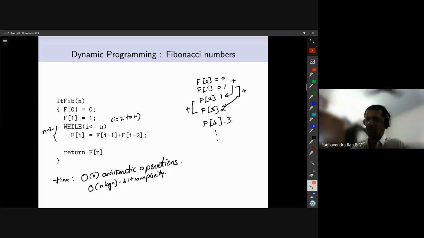You just wanted the value, so there is no maximization and so on. In typical applications, there will be either minimization or maximization. That is what we are going to see next. We are going to see two examples, both of which are maximization problems. And in the next lecture onwards, we are going to use dynamic programming, for example, to compute shortest paths.